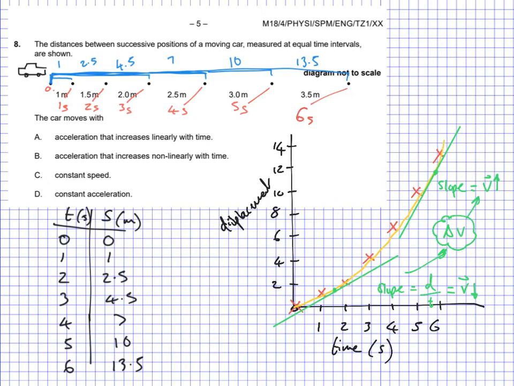It's increased, and it appears to be increasing at a continual rate, which means, and you've all guessed it by now, that this car is accelerating uniformly. I can tell that just by the graph. This is uniform acceleration. So it's got to be D.